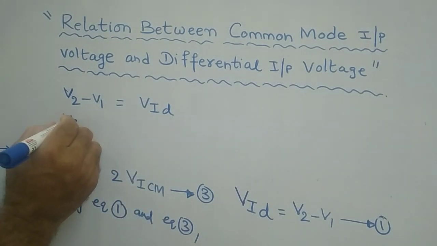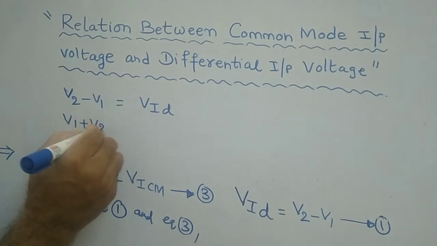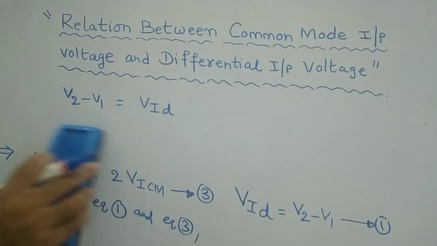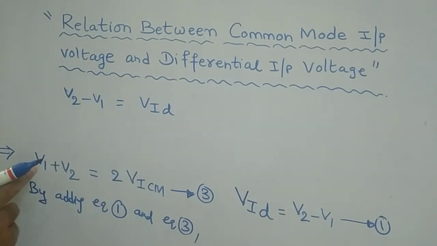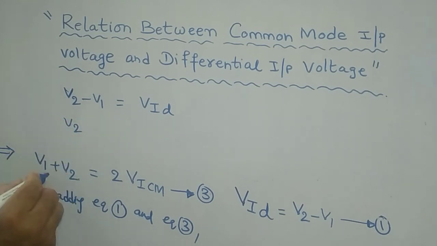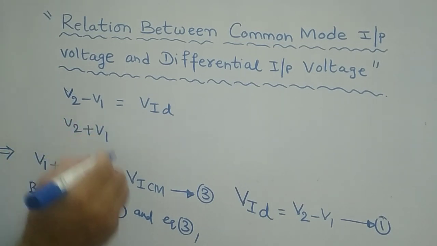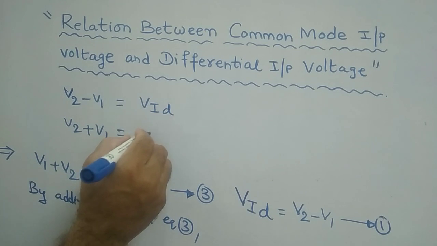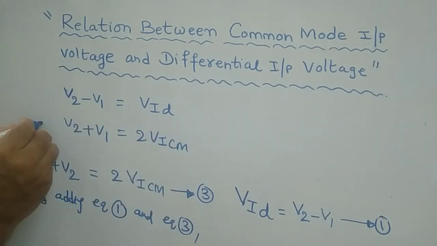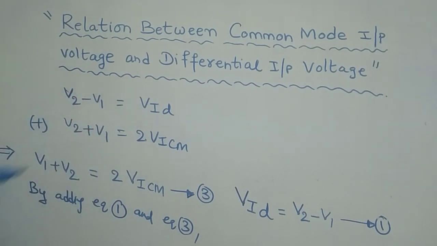Conveniently you can write it as V2 plus V1 is equal to 2 times the common mode input voltage. These two equations I am adding now.